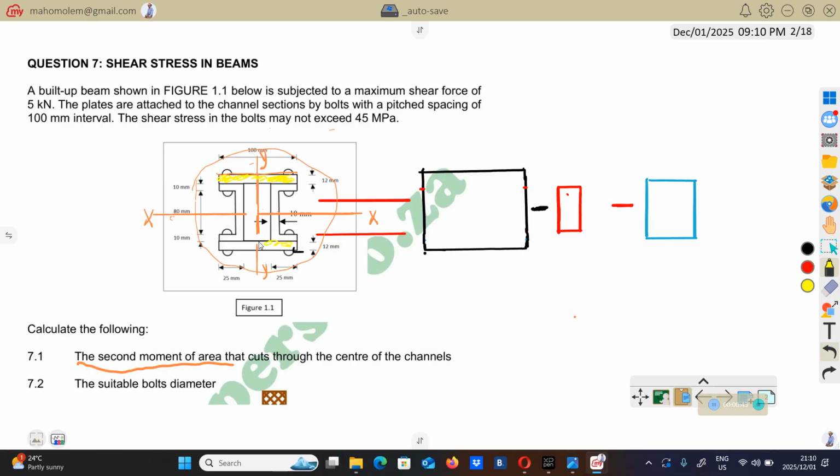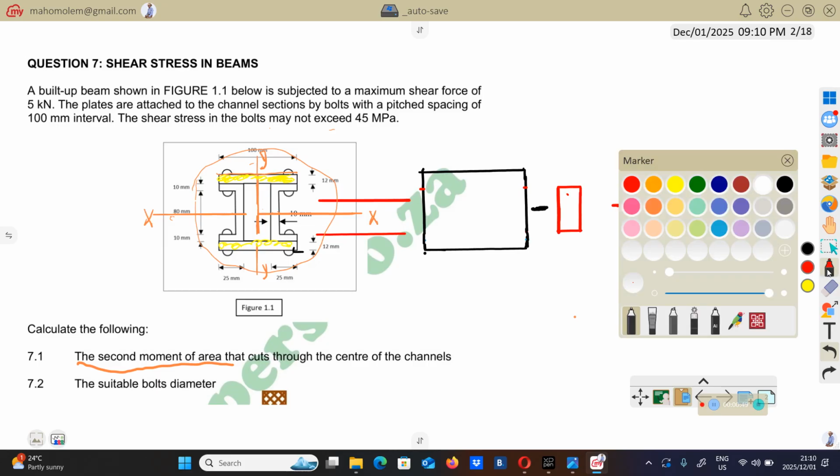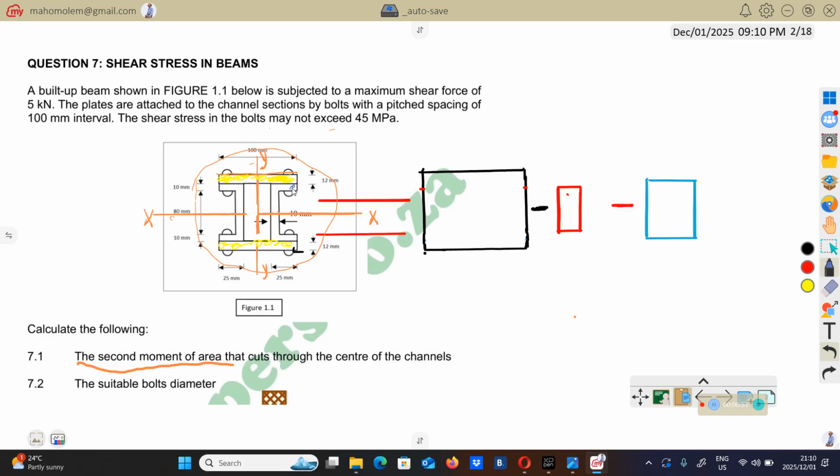So they are attached to these channels. So here are the channels. They are attached via the bolt. So this is the bolt that joins these two components.